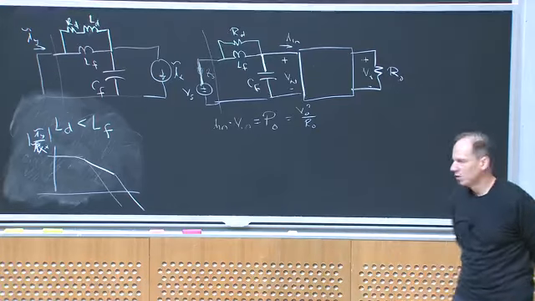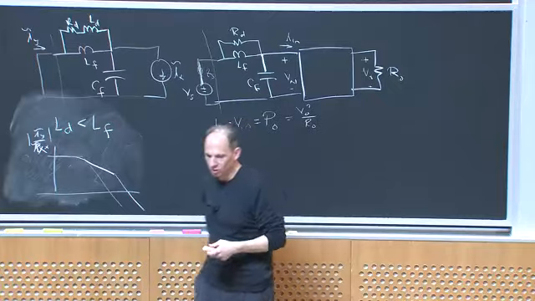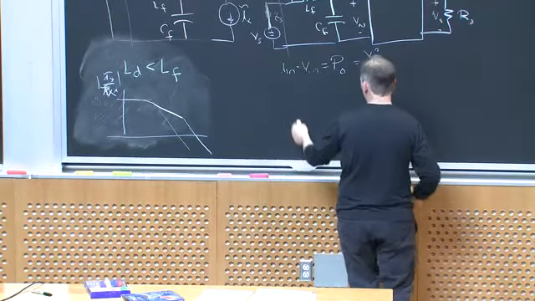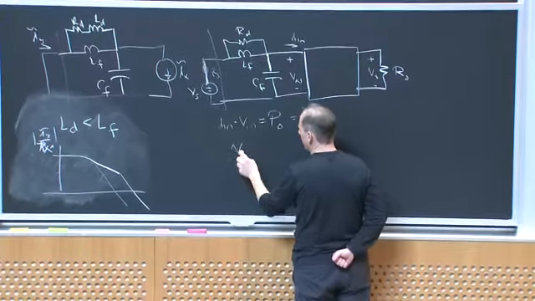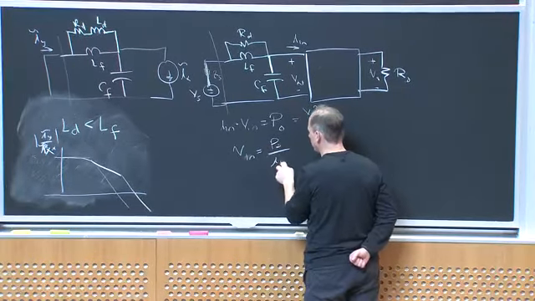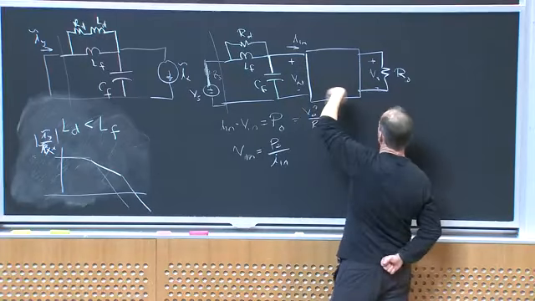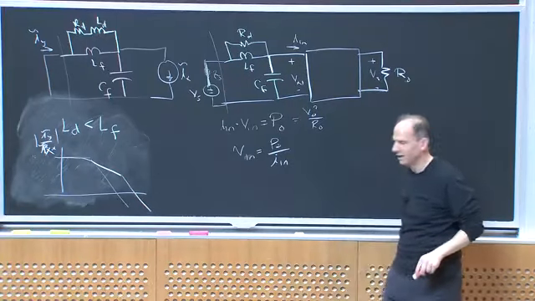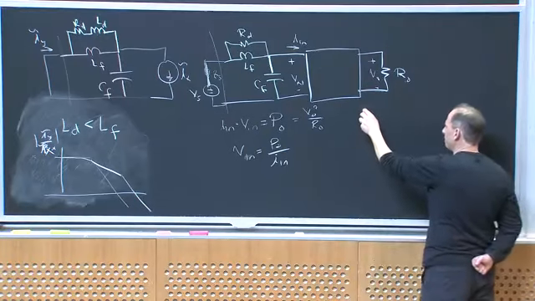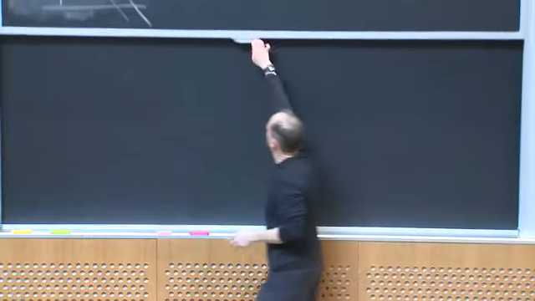Okay? Or I could write this, in terms of voltage, as VN is equal to P out over IN. And I might consider that as some operating point at which I'm setting VN and IN. Okay? So if I were to plot that, okay, let's plot that.